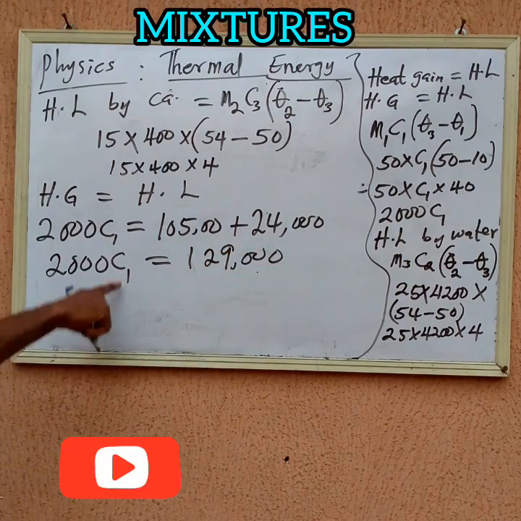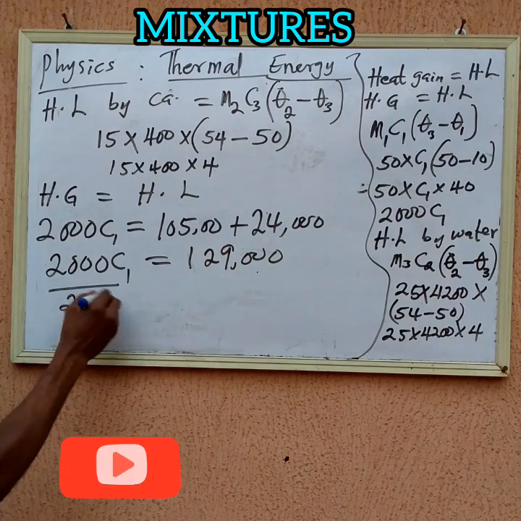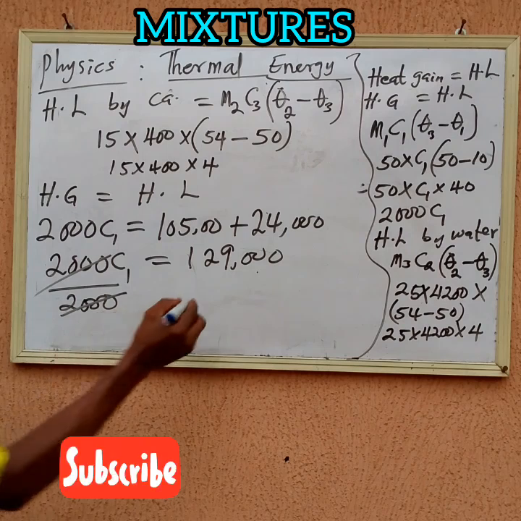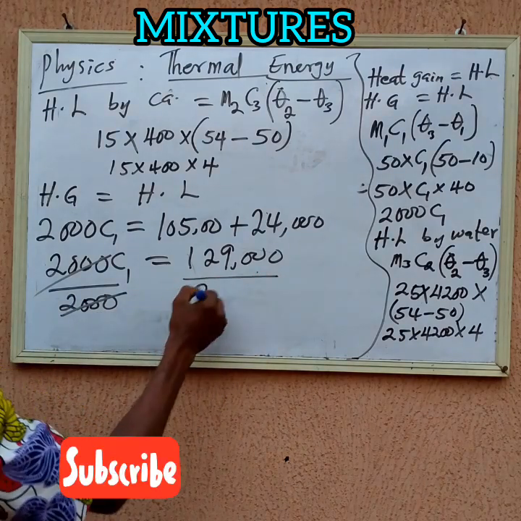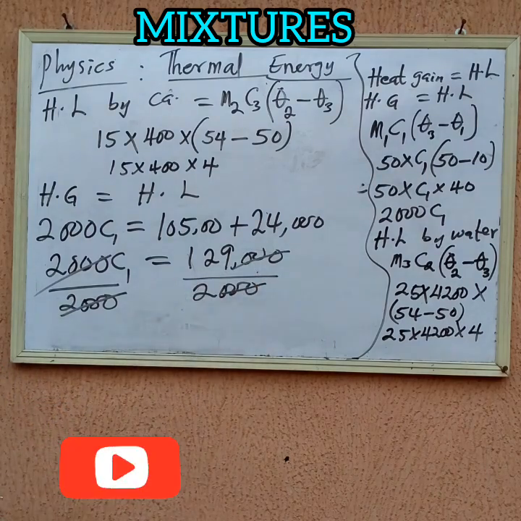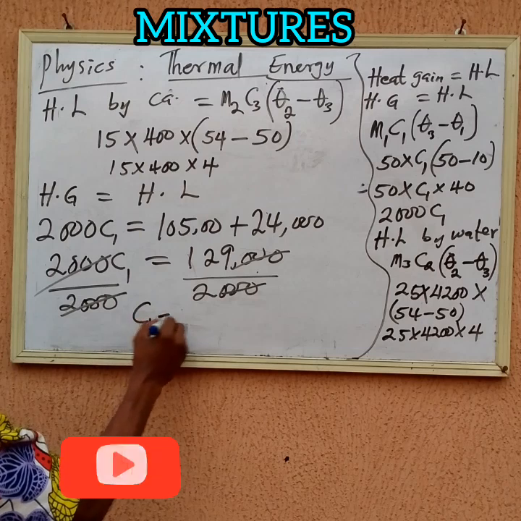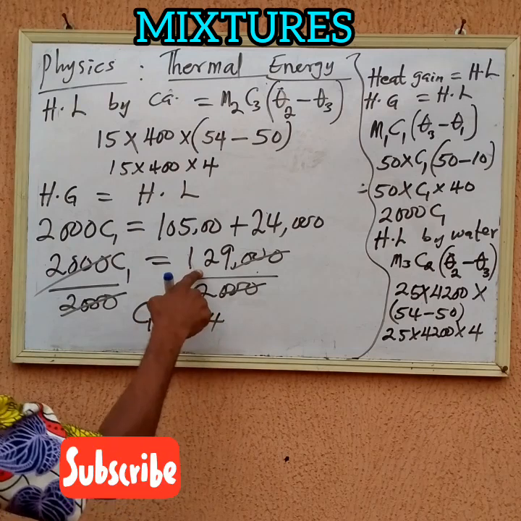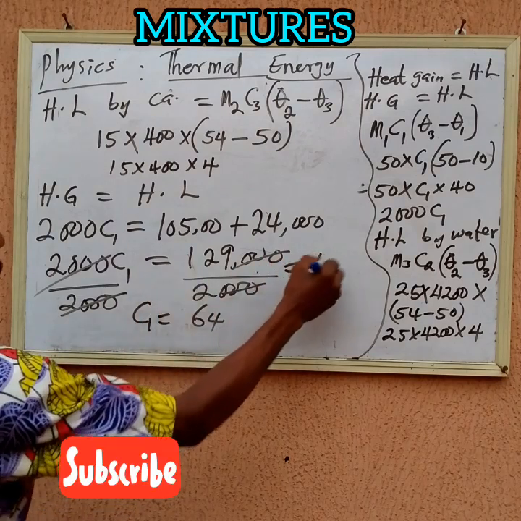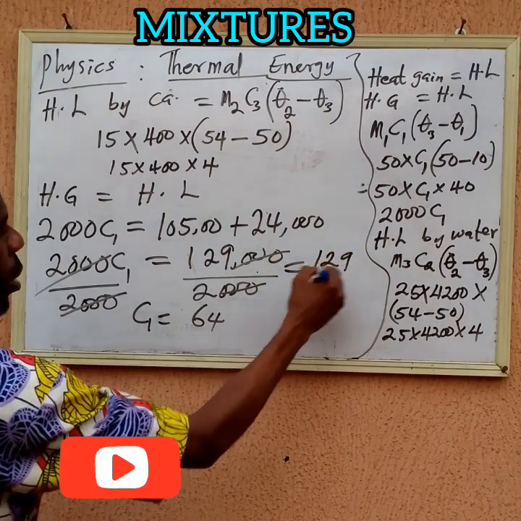Then we are looking for C1, so let us divide both sides by 2,000. Then this is gone. At the end of the day, we're going to have C1 equal to 64, which means 129 all over what?